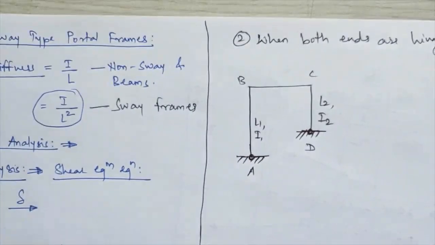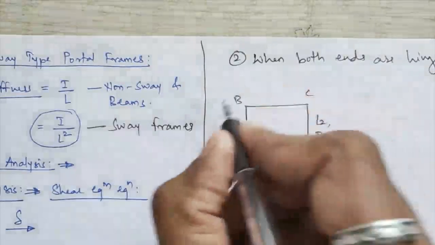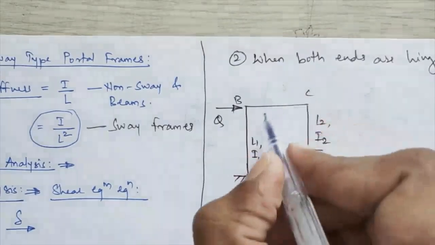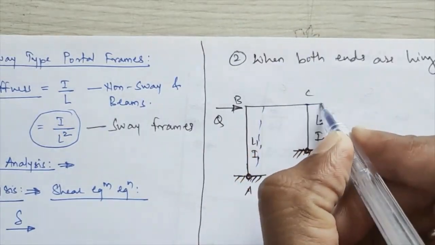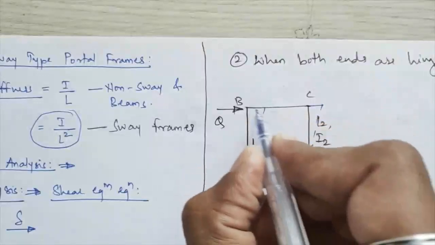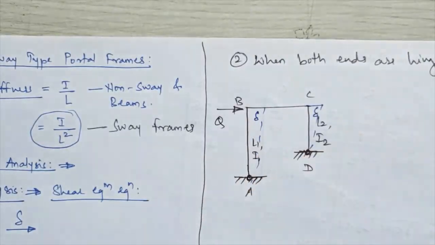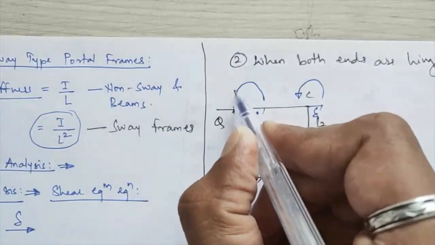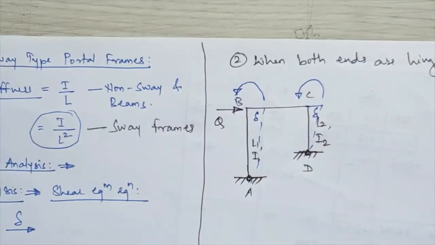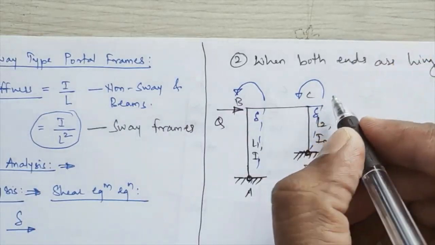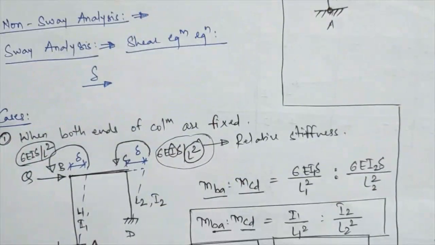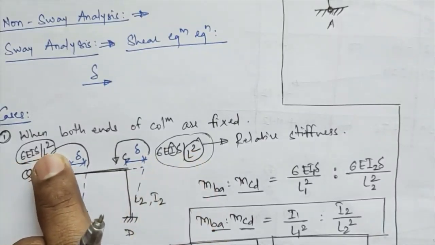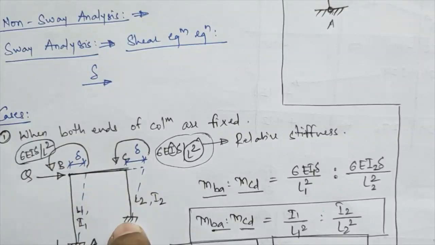Now these translations and rotations occur due to a lateral load Q. Due to that, the frame will try to sway by an amount delta, due to which translation and rotation will again be induced at points C and B. For the fixed support, the induced moments are 6EI delta upon L square at both ends if the joints are fixed.